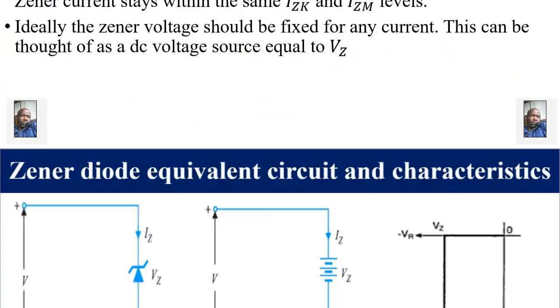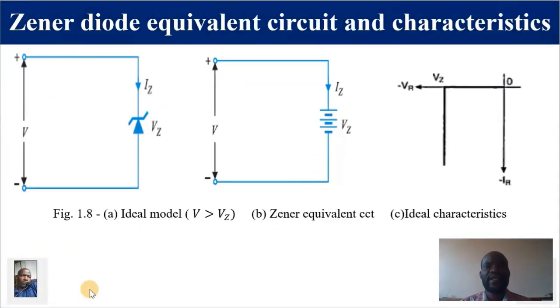This is clear. We are now revisiting the ideal model. You remember your diode circuit models for an ideal and a practical diode. We are doing the same for the Zener diode. This is the symbol of a Zener diode, and it is reverse biased. Why? Because the positive is connected to the cathode and the negative to the anode, and our current flows in this direction. Please take note that it won't flow in this direction.